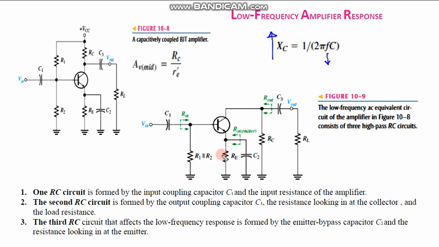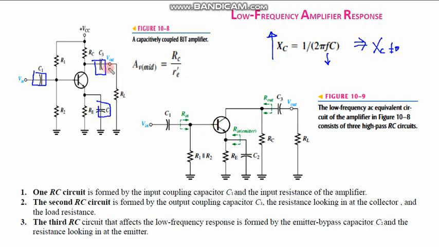So it would result in a non-zero value of the reactance, and because of this, we would have significant reactance over here in this path, and in C2.